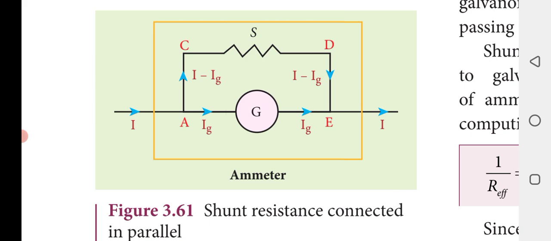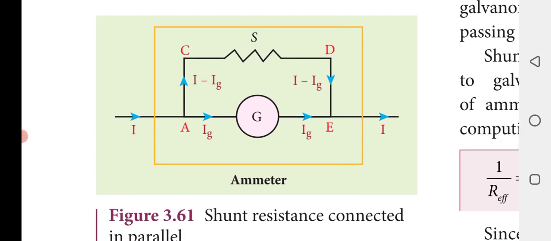When we connect the parallel resistance value, it will convert it into an ammeter, because it can show the measurement of the current values, since the pointer is present in the galvanometer. It shows the measurement of the current value also. So that's why the galvanometer is converted into an ammeter.